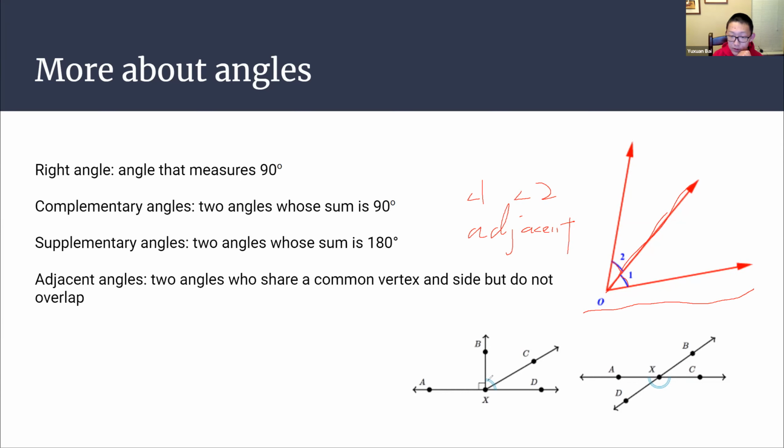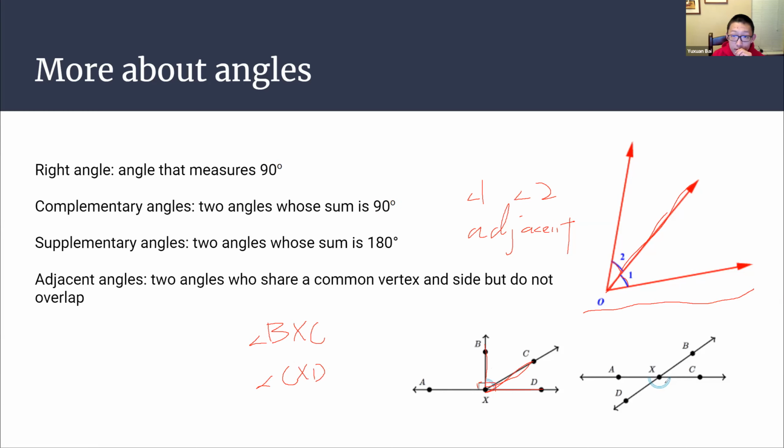Let's see. If we look here, this angle, we can call BXC, is complementary to this one, which is CXD, because we see here that this is a right angle, and so this side also forms a right angle. A right angle is 90 degrees, and these two make up 90 degrees, so they are complementary.